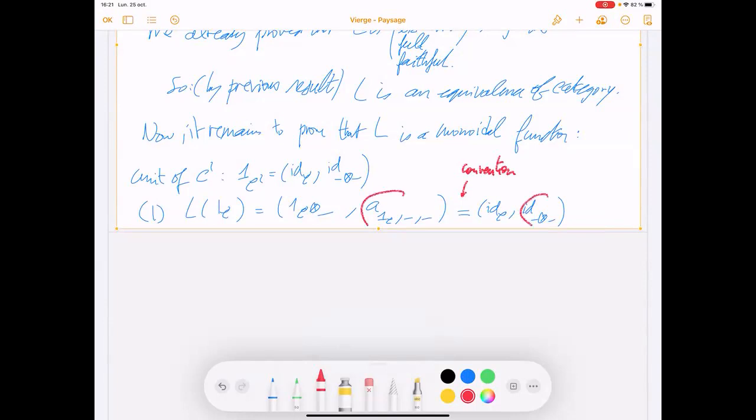And tensoring on the left by 1 is also considered to do nothing, so identity. So L maps the unit of C to the unit of C prime.